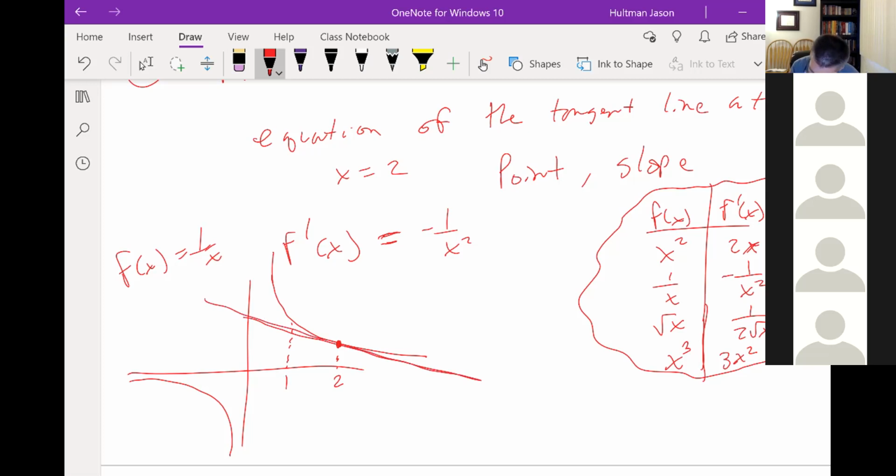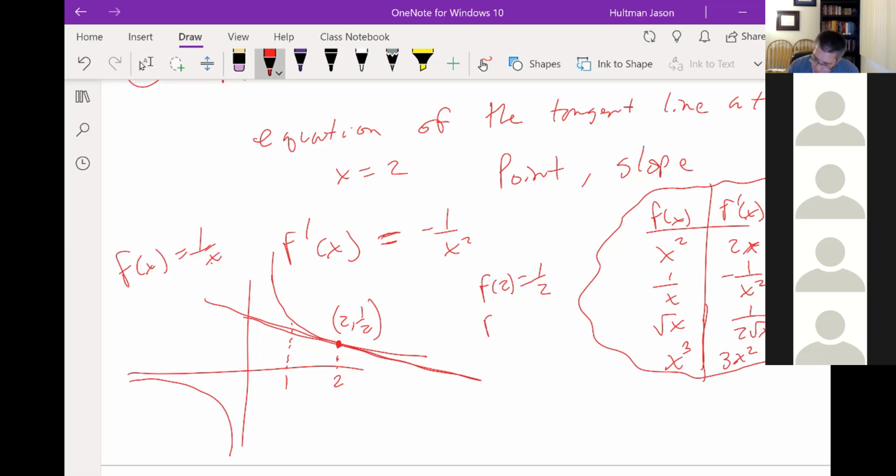At x equals 2, what do we need? We need the point. Well, it's 2, 1/2. How did I know that was at 2, 1/2? Because the original function is 1 over x. So if x is 2, then f of 2 is 1 over 2.